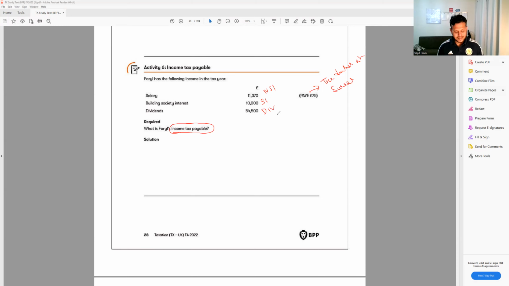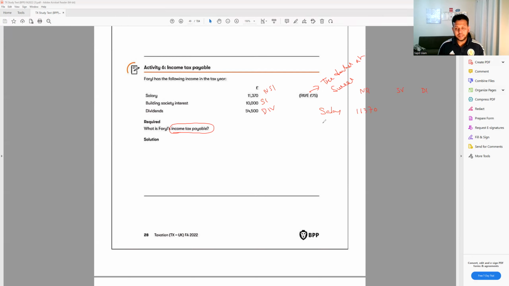All right, so how much is the tax payable? Let's have a look. You need to make a template for that. We make a template for non-savings income, we make a savings income, and we make a dividend. So the non-savings, we have salary, that is 11,370.